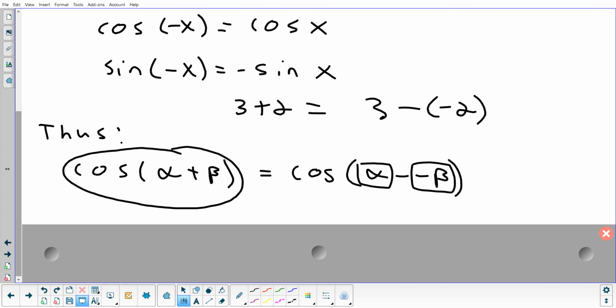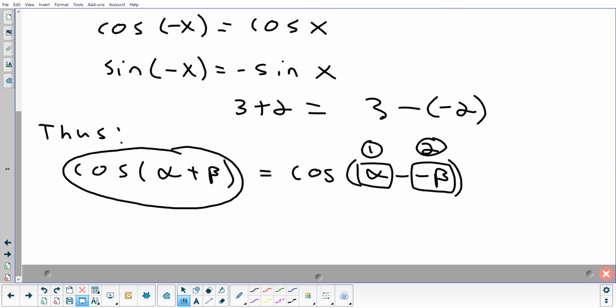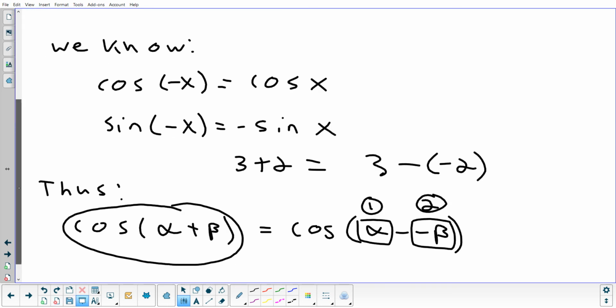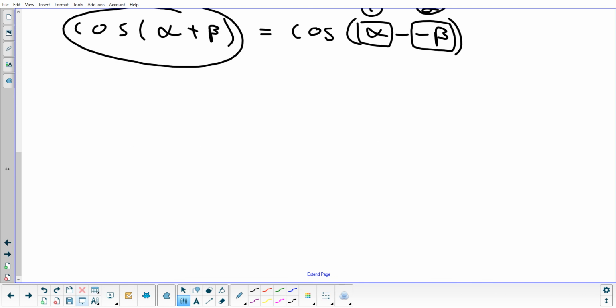So now, use the cosine difference formula with that as your first angle, and that as your second. Simplify it as much as you can, and that will be the formula for the cosine of a sum. All right, so how does my cosine of a difference start out?